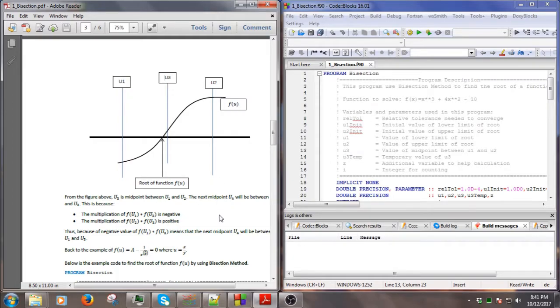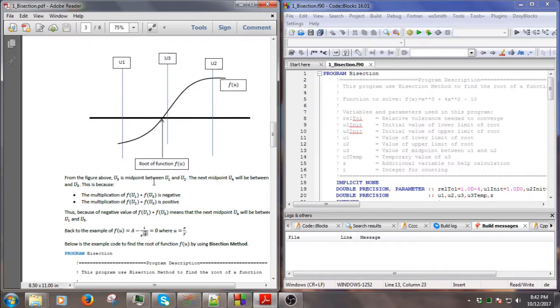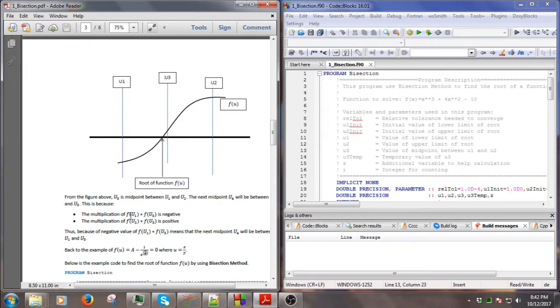Oh, before we go to the code, we need to find how we decide the region for the next calculation, because once we split the region into half, the next step is to find which part we should calculate. Is it the left side or the right side? So how do we find it? It is simply by multiplication.